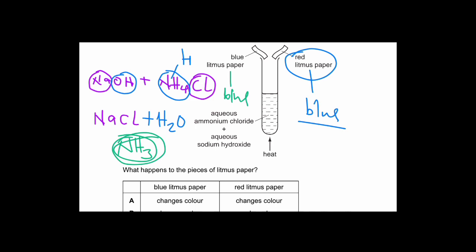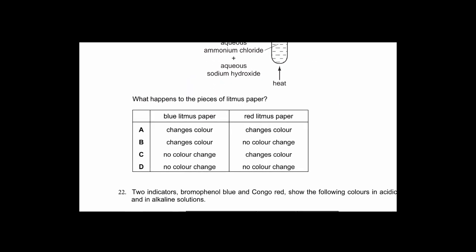So blue litmus paper, no change. Elimination method: change color, no. Change color, no. No color change, yes. Change color, yes. The red will change to blue. So the answer here is C.